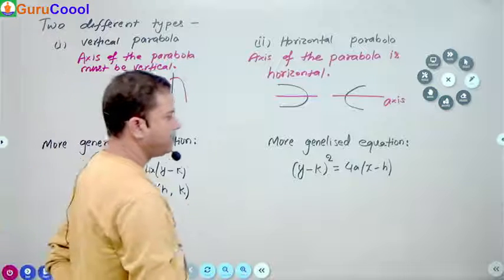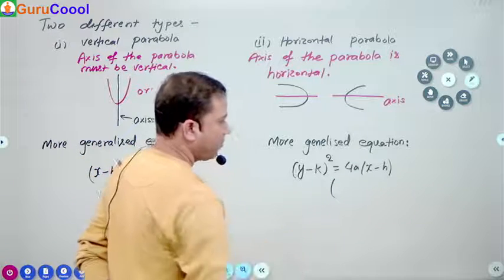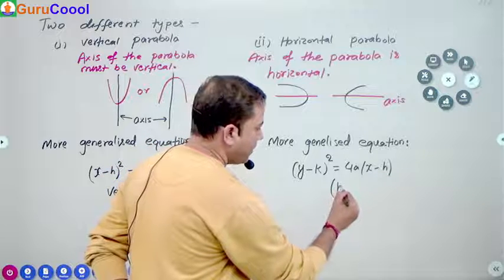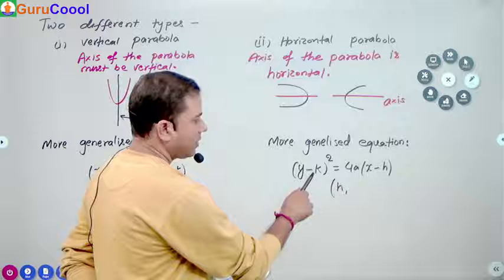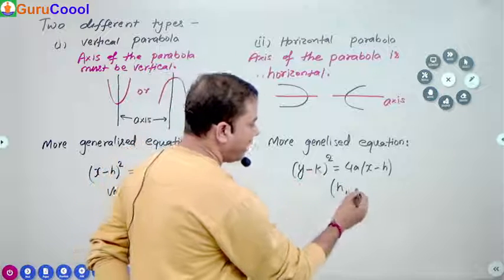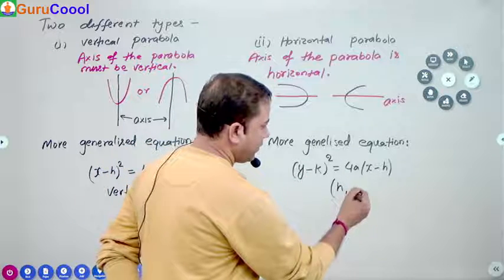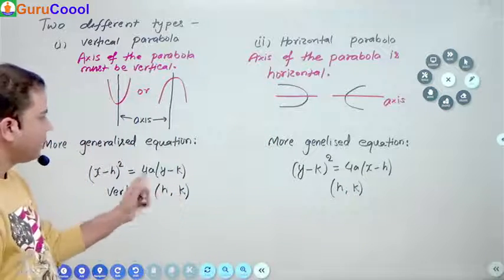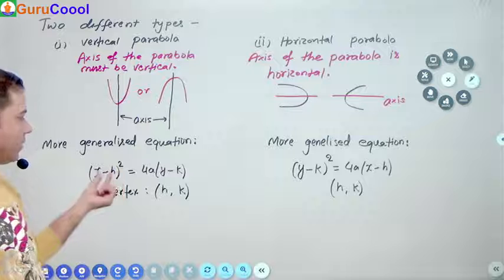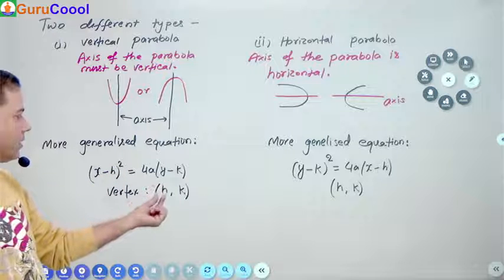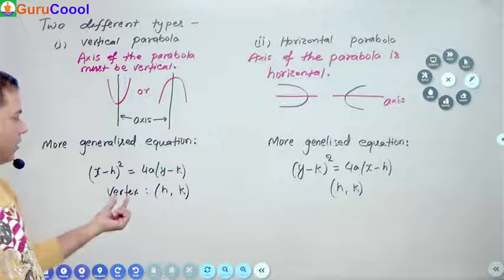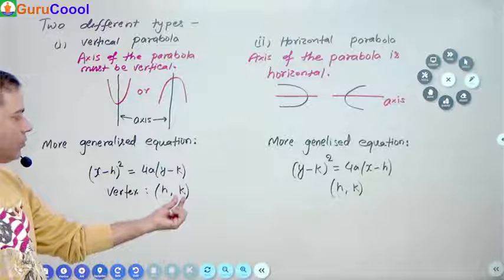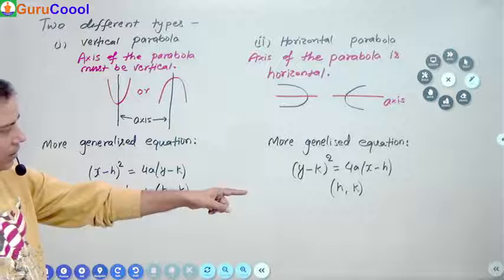Same here, the number subtracted from x becomes x coordinate of the vertex of the parabola, and the number subtracted from y becomes the y coordinate of the vertex of the parabola. So this rule is same for both of them. The number subtracted from x becomes x coordinate of the vertex. Number subtracted from y becomes y coordinate of the vertex.